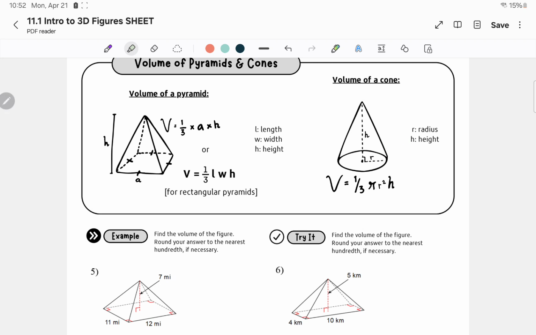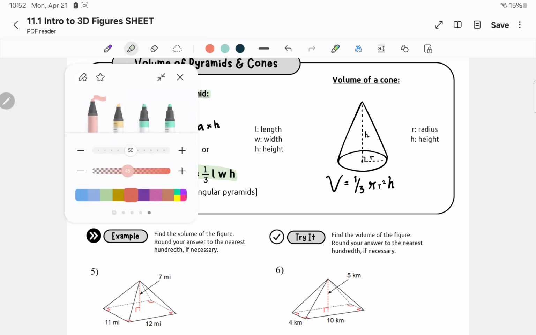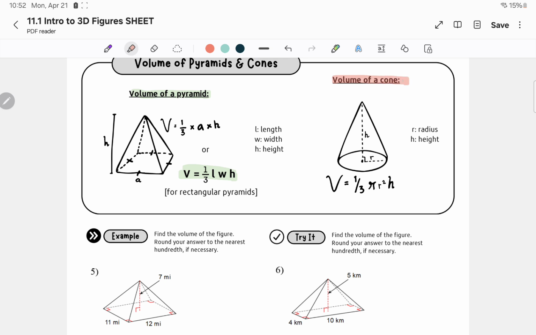A cone is going to be a third of a cylinder. So the volume of a pyramid is, and we're just going to use this one because it's going to be mostly rectangular pyramids we're going to look at. And then the same thing with the cone. A cone is going to be a third of that cylinder.